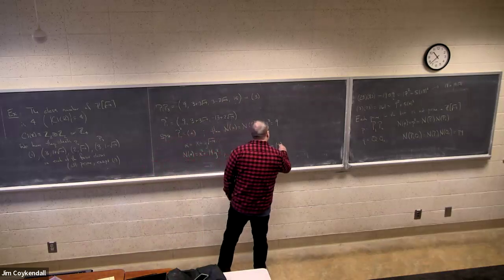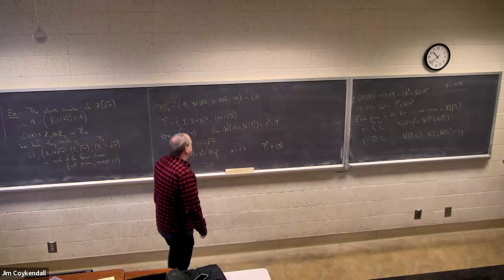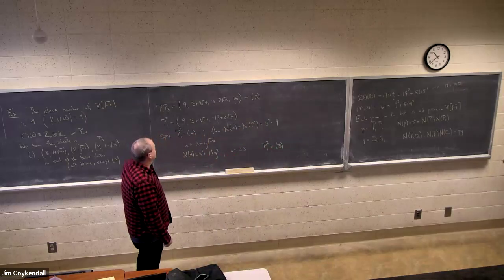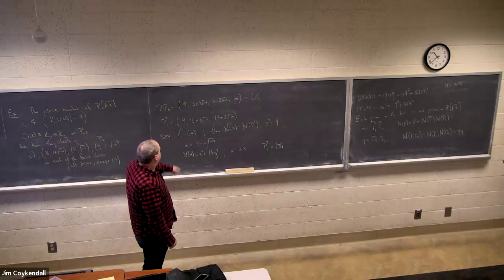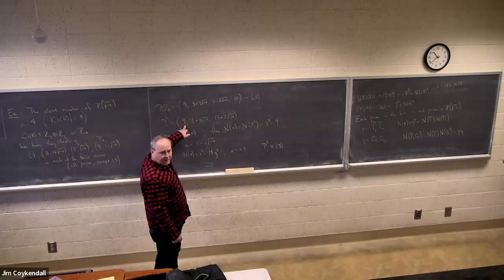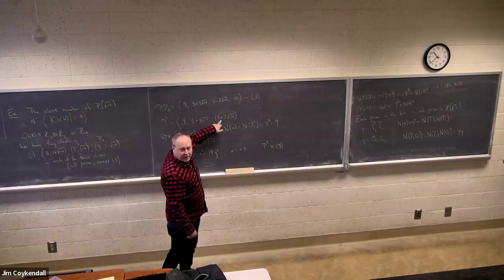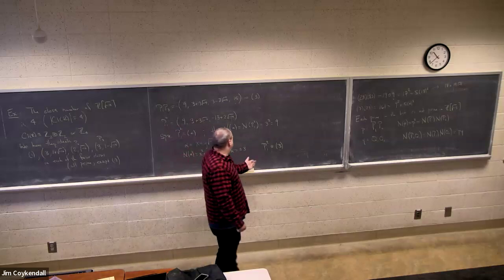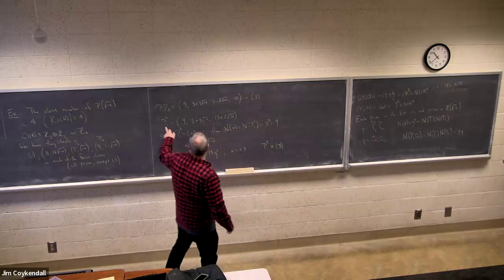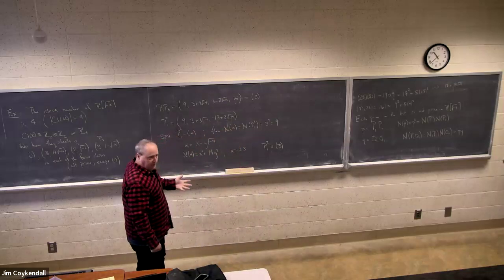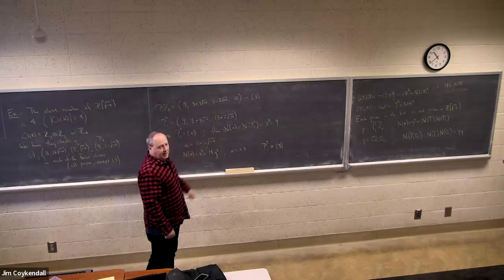Notice that P1 squared is not this, because it's certainly true that 3 divides this and this, but 3 does not divide this. And so this is the only possibility for a generator of P1 squared that's principal. So this has to be a non-principal ideal.